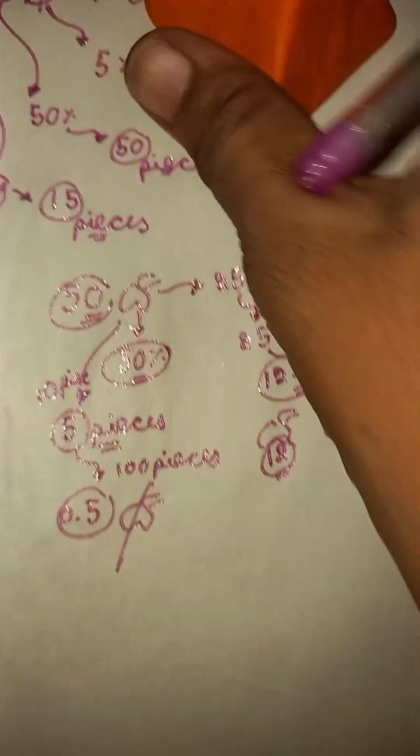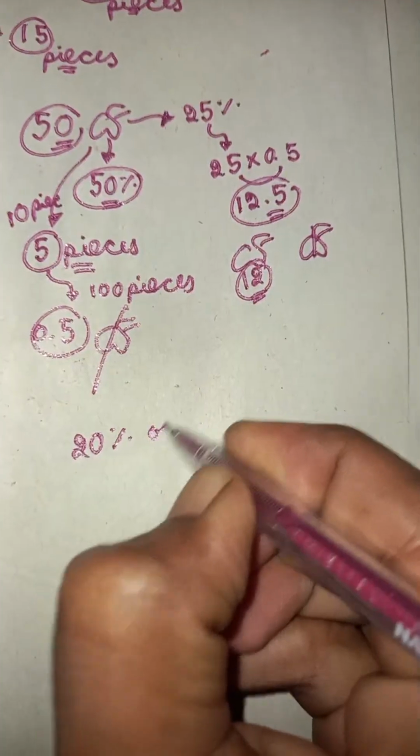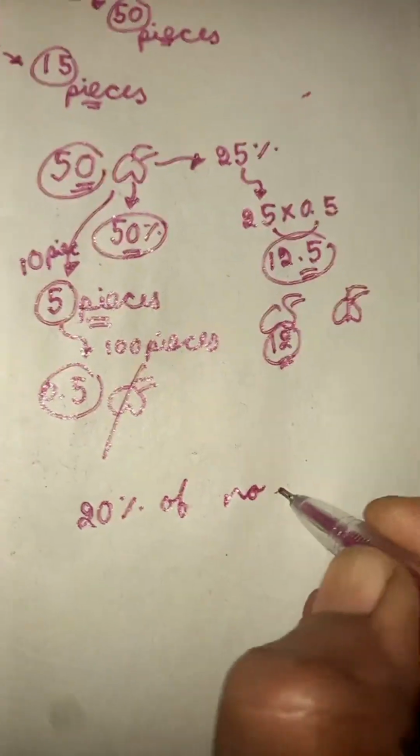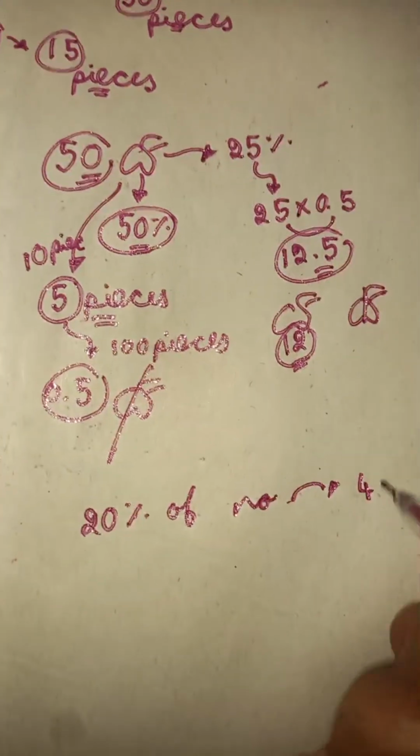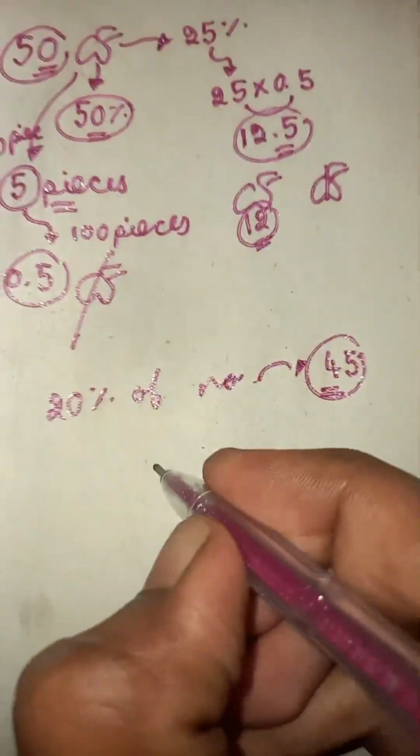If 20% of a number is equal to 45, then what is the value of 60% of the same number?